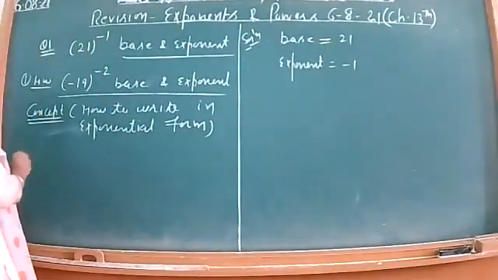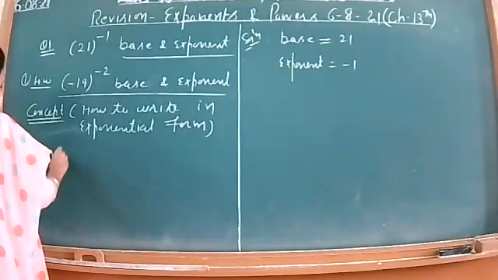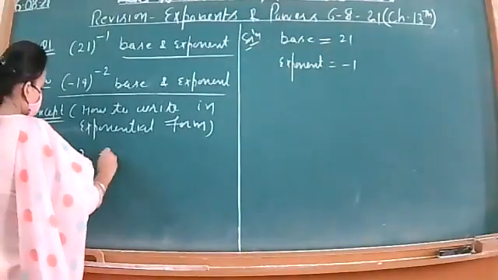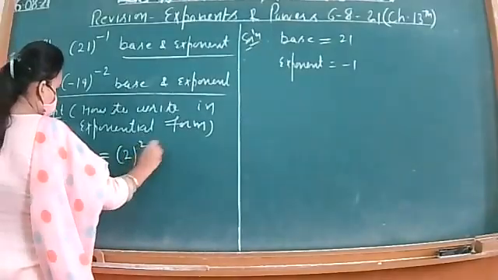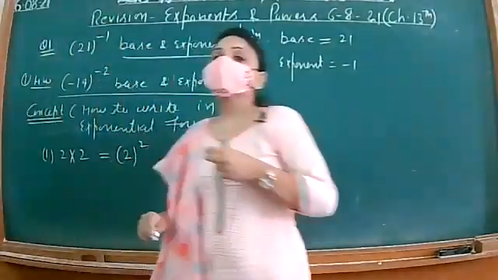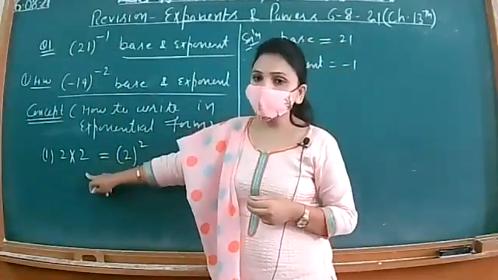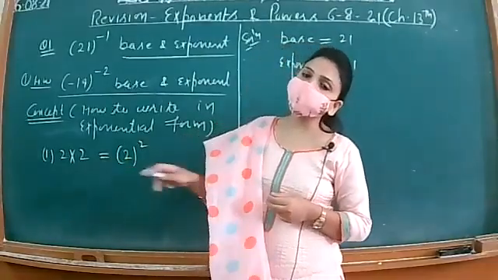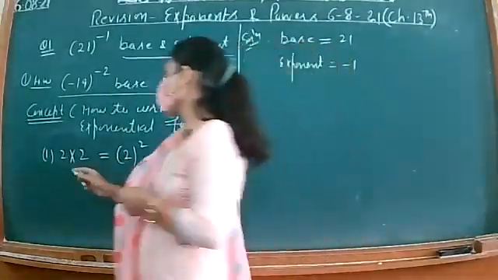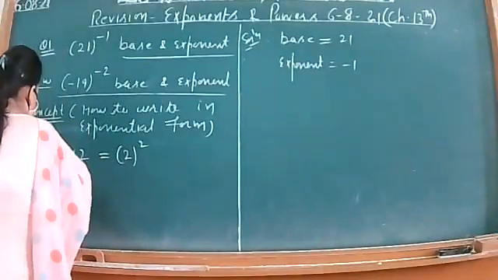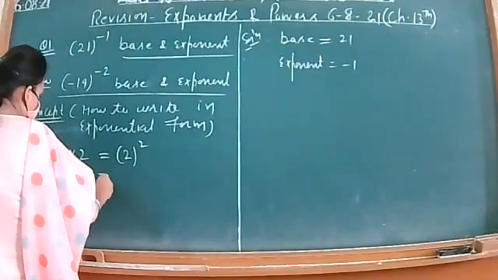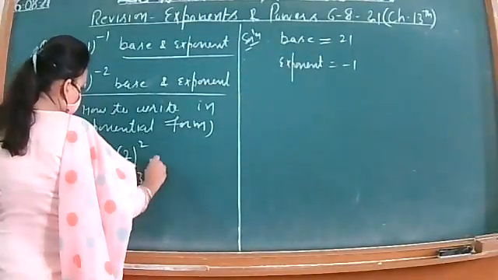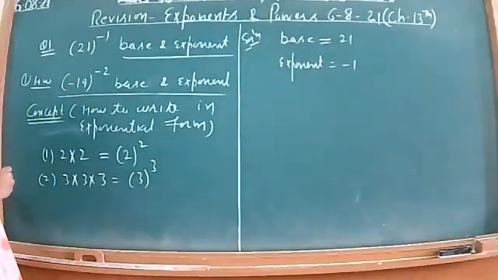You know, we were having the number, say I am giving the example, 2 into 2, we write it as 2 to the power 2. How many times is 2 repeating in this expression? 2 times. So it is 2 to the power 2. Suppose the question is 3 into 3 into 3. So this is 3 raised to power 3. In exponent form we take it to be like this.